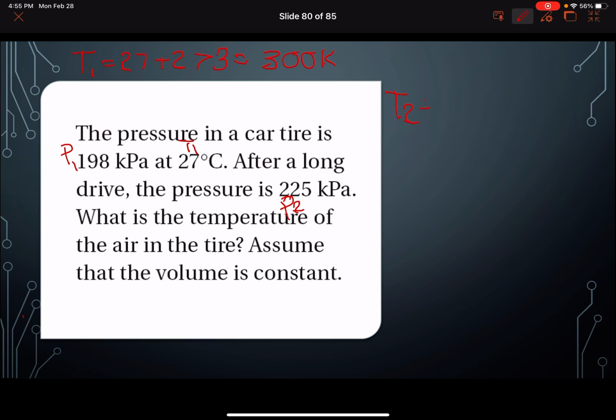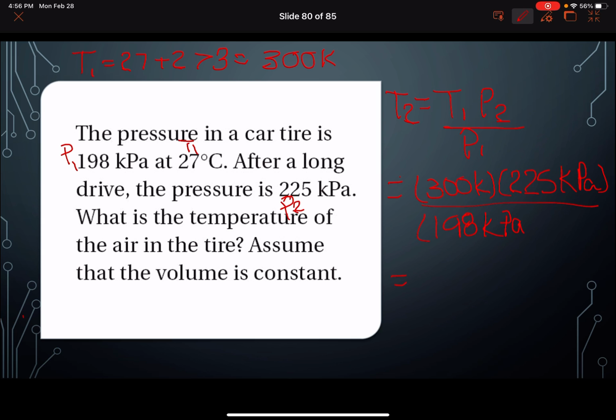Now we can put everything into our formula. Temperature 2 equals temperature 1 times pressure 2 all over pressure 1. Temperature 1 is 300 Kelvin, pressure 2 is 225 kilopascals, and pressure 1 is 198 kilopascals.